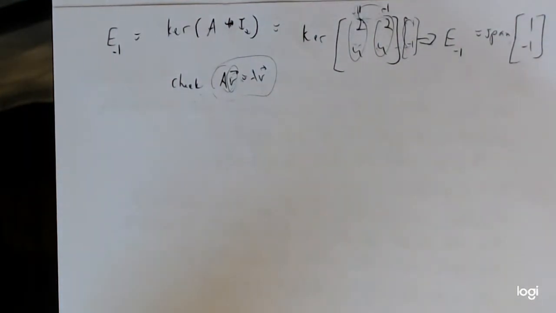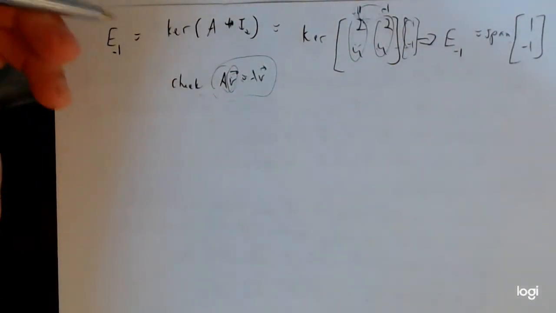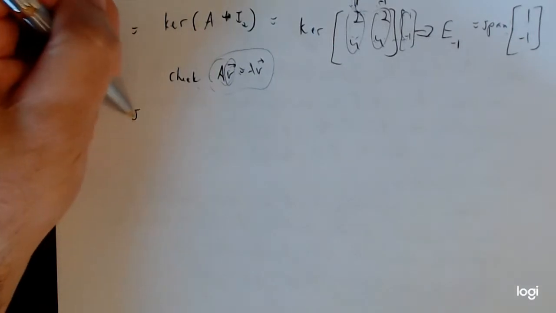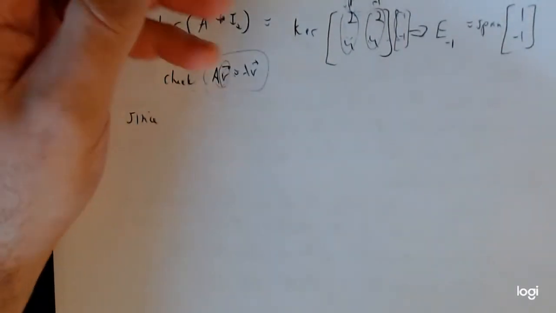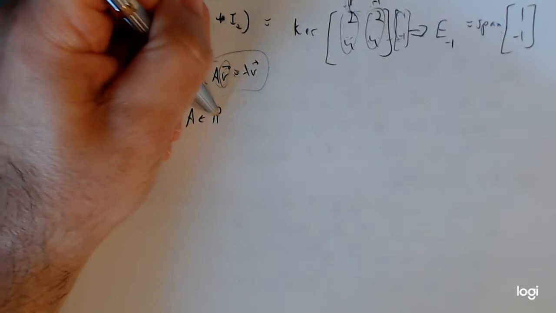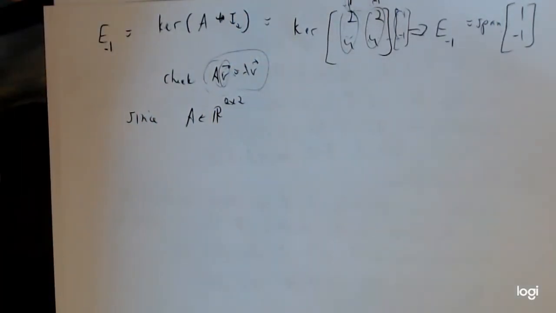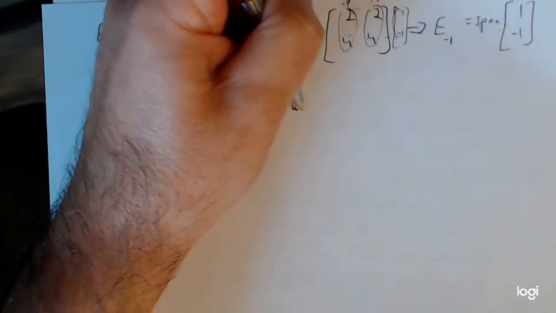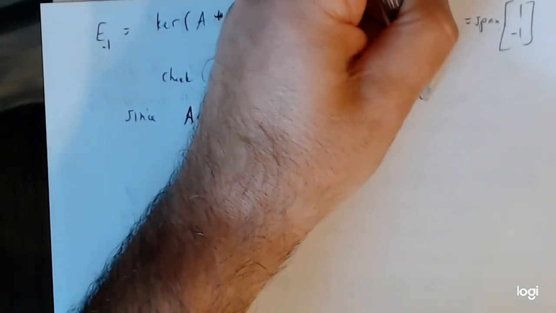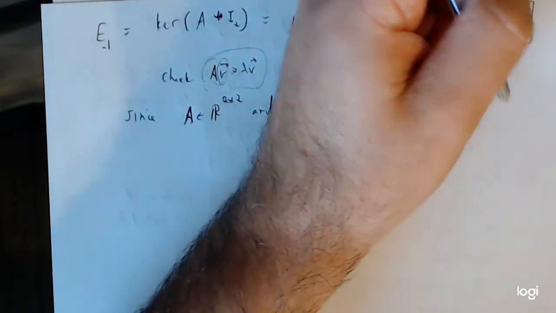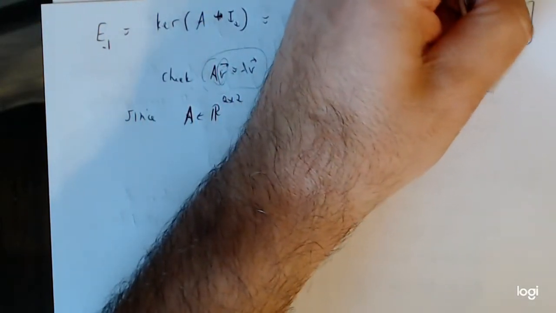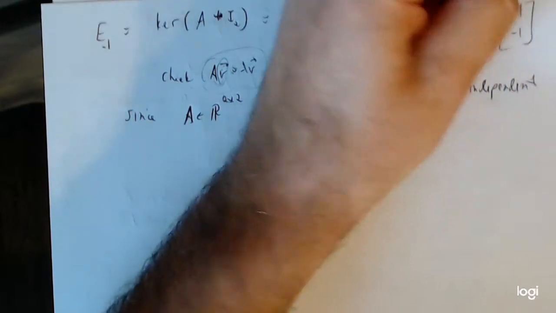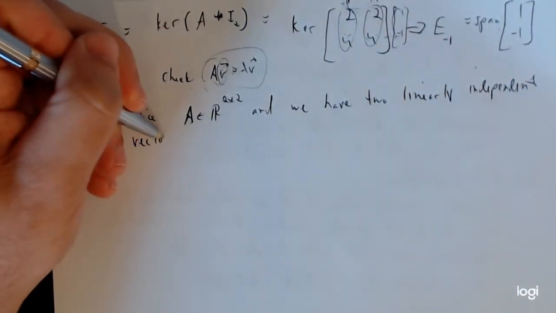Okay, so now let's make a comment on this before we move on. We could say that since A is the space of all 2 by 2 matrices, and we have 2 linearly independent vectors.